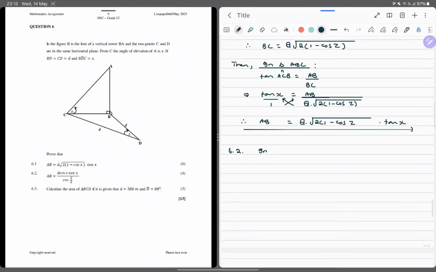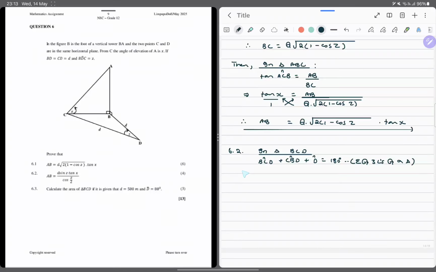So we can say in triangle BCD, we understand that angle, say BCD plus angle CBD plus angle D, we should be getting 180 degrees. This is the sum of 3 angles of a triangle.